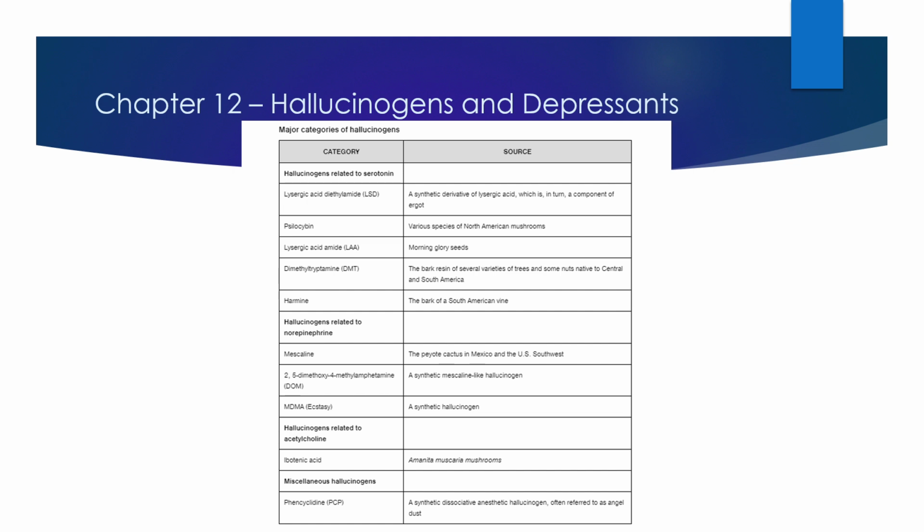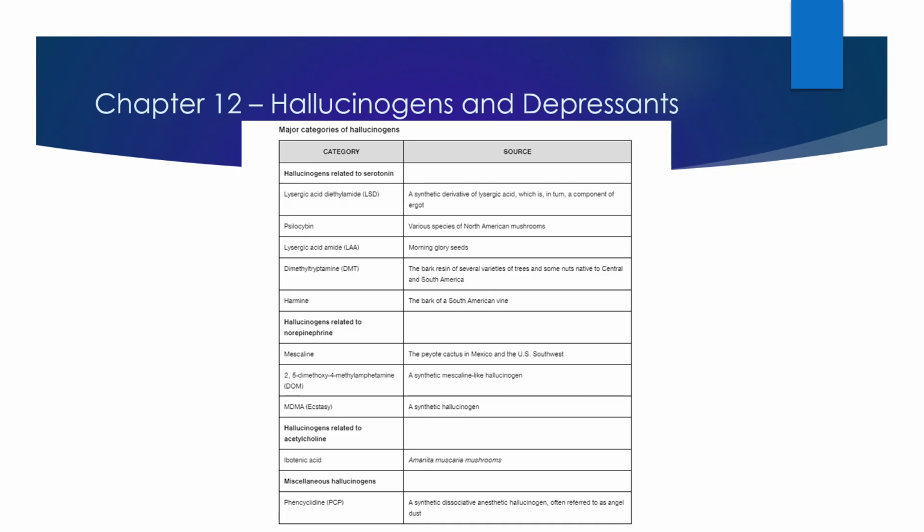Now you see here, I pulled this from the textbook, which shows some types of hallucinogens and which neurotransmitter they resemble. I don't want to spend a lot of time on a table like this, as it can take a long time, but I can quickly point out the drugs that are similar to serotonin, a major neurotransmitter: LSD, psilocybin, and lysergic acid amide.